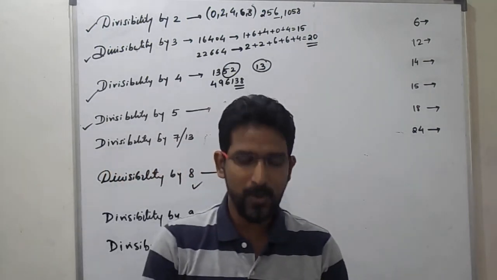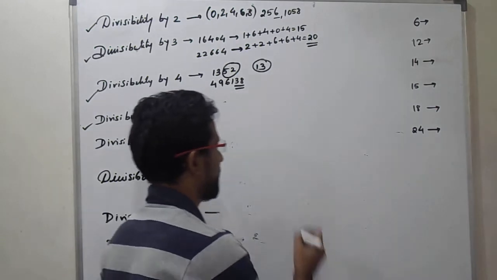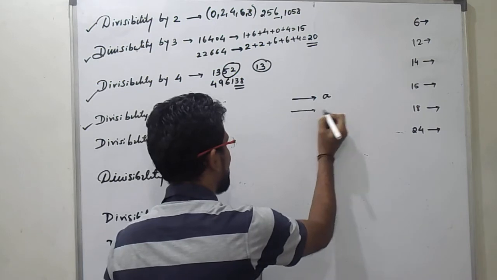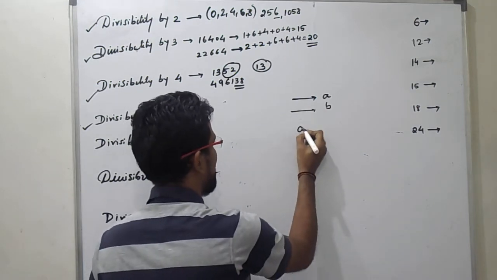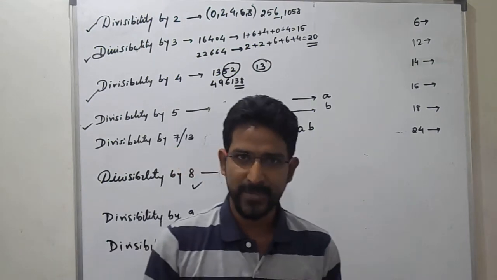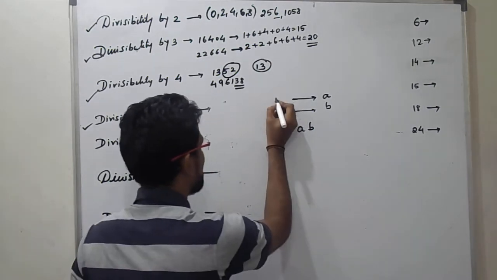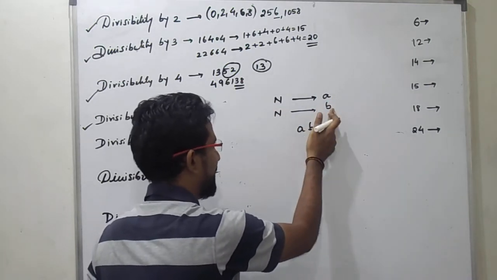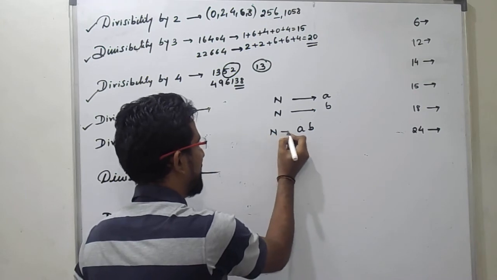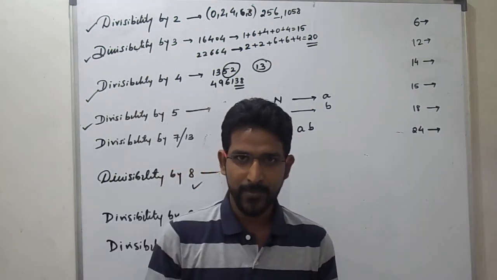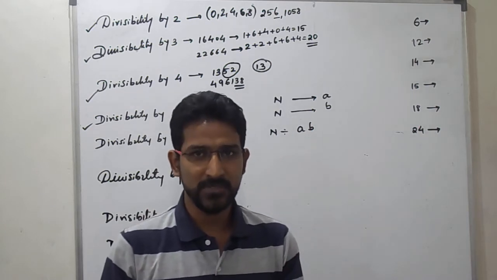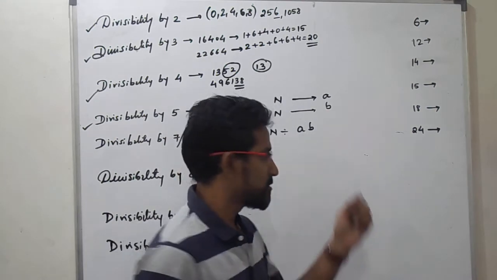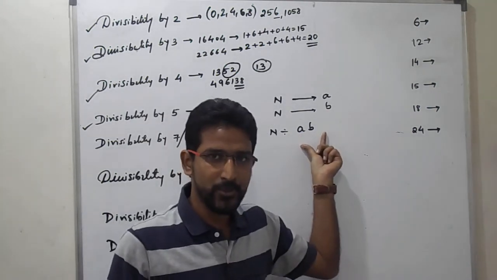I'll tell you one theorem: if any number is divisible by A and that number is also divisible by B, then that number will be divisible by A into B. For example, there is a number n; if n is divisible by A and n is divisible by B, then n will also be divisible by A into B, provided that A and B are co-prime numbers, that is, they should not have any common factor other than 1.